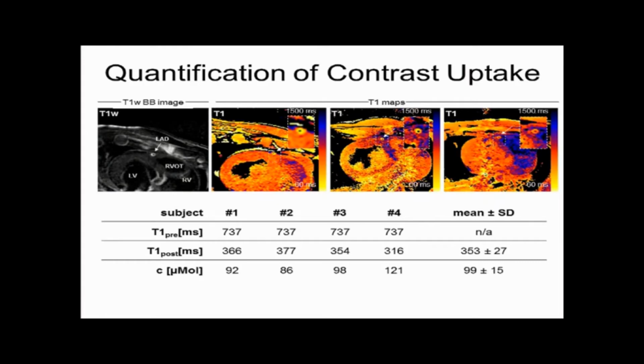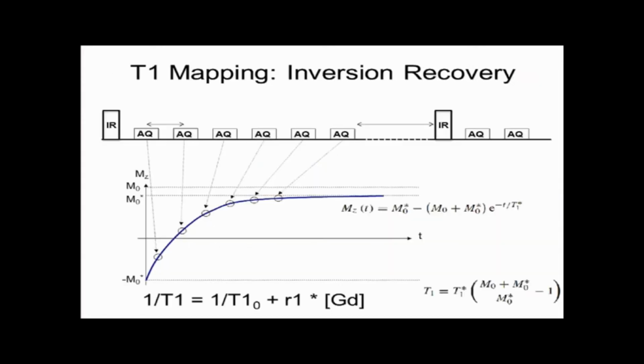And now with such a mapping sequence, it's possible to measure the T1 relaxation time pre- and post-contrast administration. And using the previous formula, we then can basically calculate how much micromole contrast agent accumulated in such a vessel wall, which gives an indication how much remodeling is occurring under these conditions.